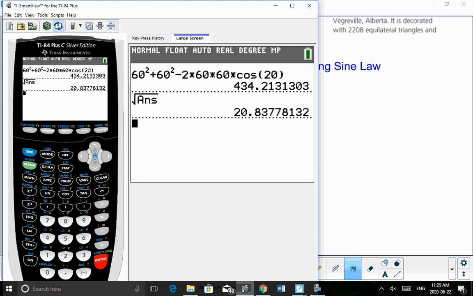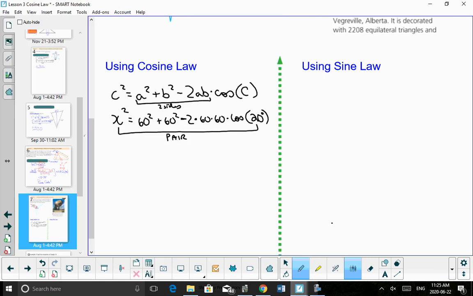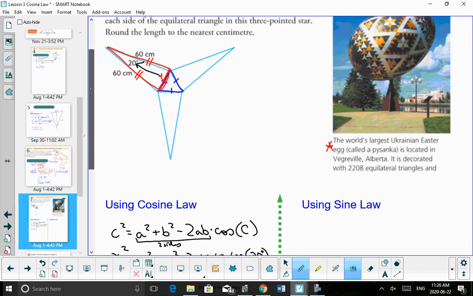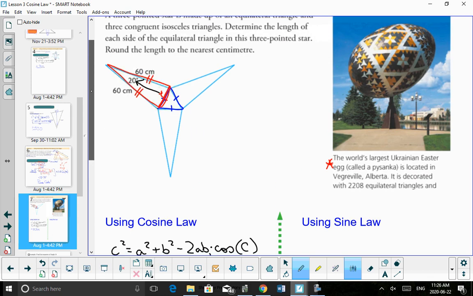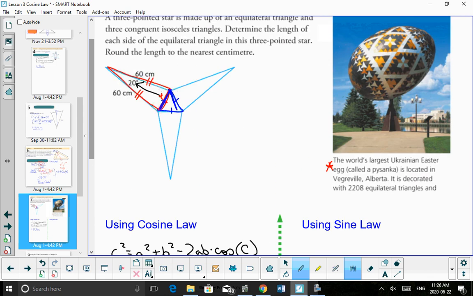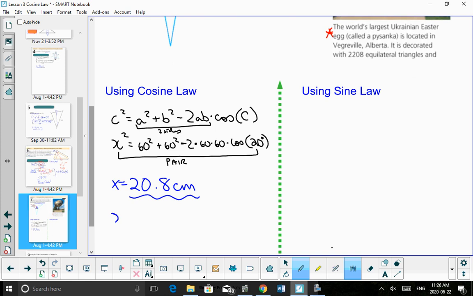So 20.83 or 20.84. What units was it here? Centimeters. So each side length of that triangle is 20.8 by 20.8 by 20.8. Nearest centimeter, so sorry, I should round that to 21.